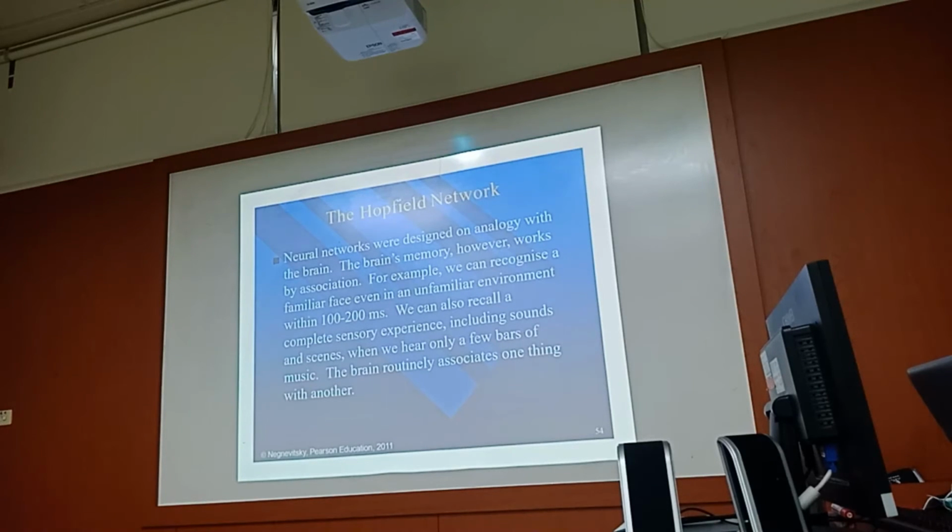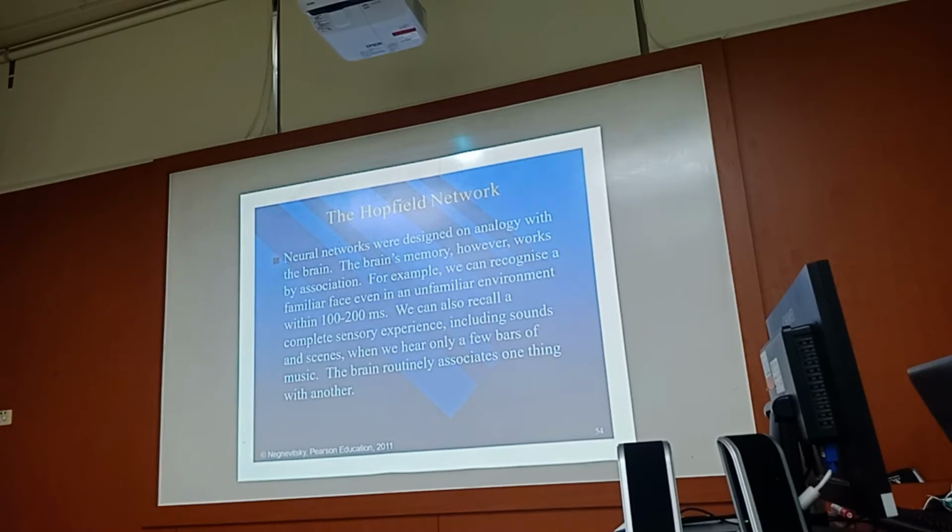Another topic: this is the Hopfield neural network. Hopfield is a different kind of neural network, but its structure is simple. It is like brain memory, which works by association.